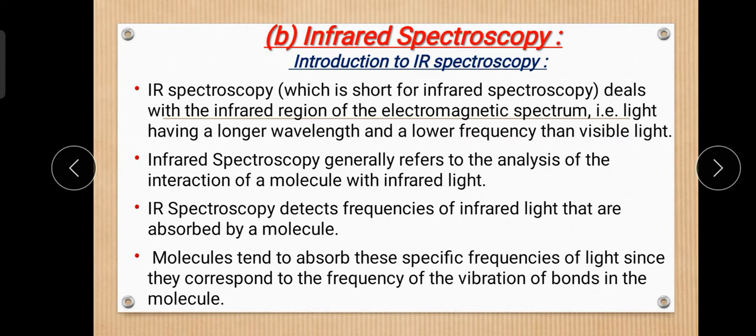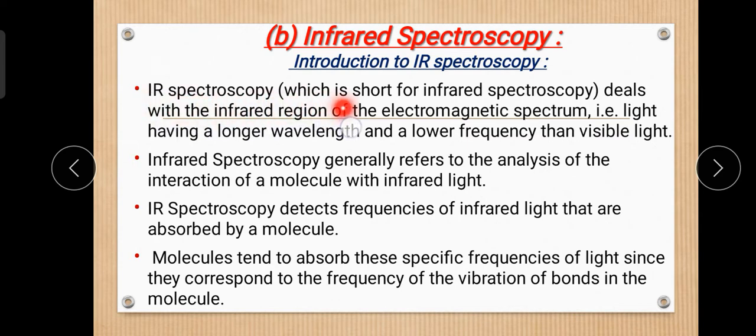In electromagnetic radiation there are different types of radiation, from smaller wavelength to longer wavelength, and according to frequency it is vice versa. So we start with the introduction to IR spectroscopy.